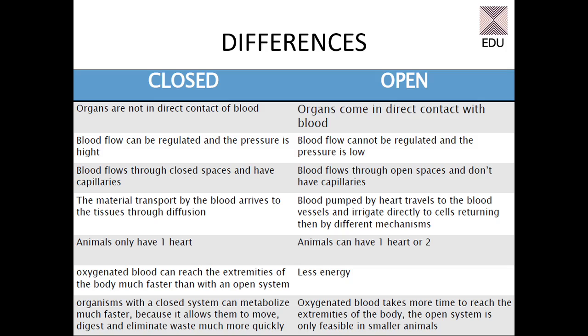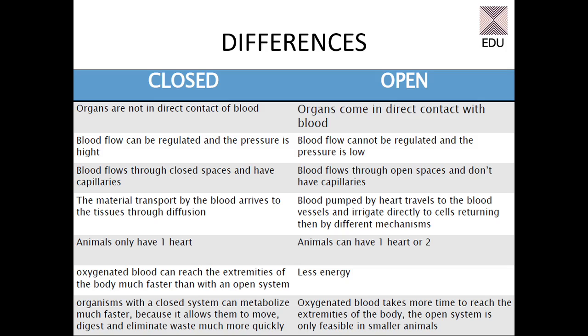As we have seen in the previous slides, the blood pressure is high and the blood can be thrown to higher extents, and it takes energy, which is a very important thing. But in the open type, the oxygenated blood can reach the hemocoel. So blood is thrown into an open space. It is not thrown into all the body parts of the insect.